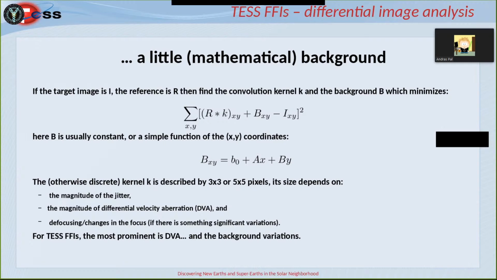It's not optimal. Even with TESS, even with very good pointing, it's not optimal. So we have to transform one image to the reference, or to the other image, to correct for these differences, which are apparently very small, but can have very high effects. So the question is, how can it be done?